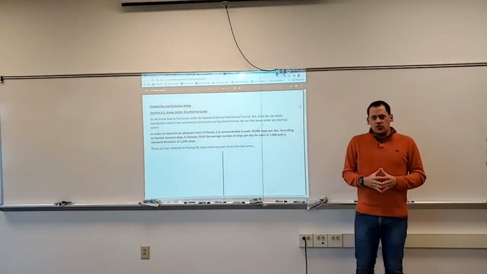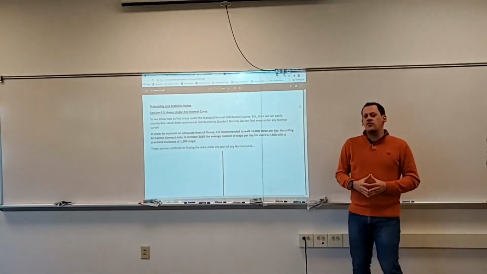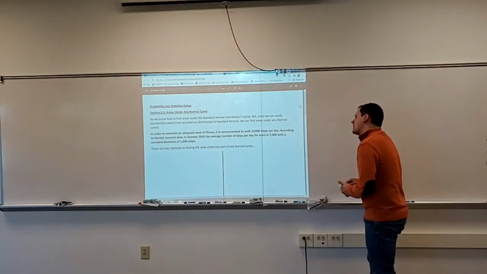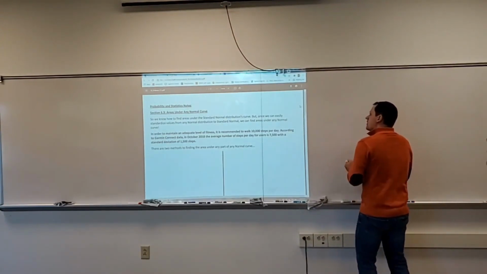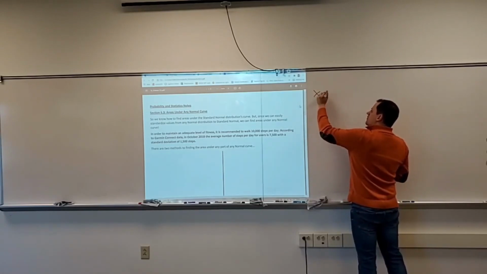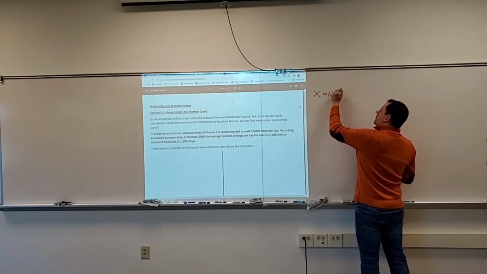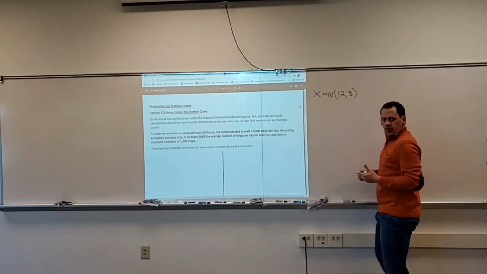In the last section, we learned how to standardize values. So we could take a value from any normal distribution, say our original random variable x follows a normal distribution with a mean of 12 and a standard deviation of 3.